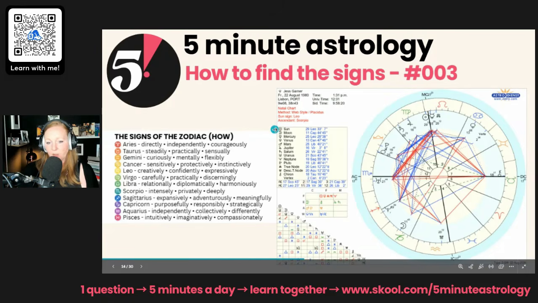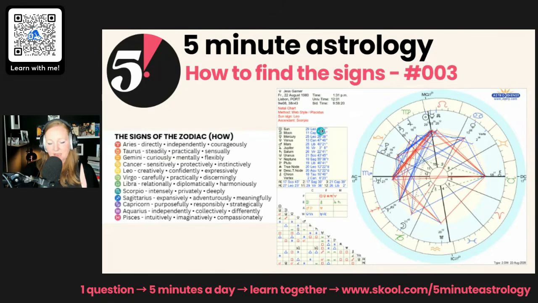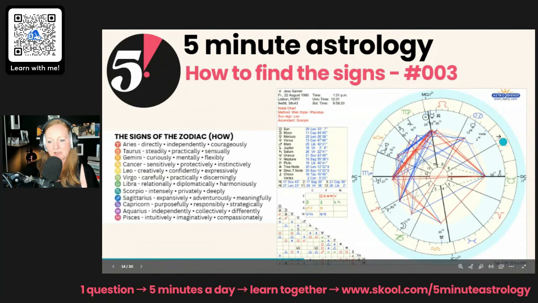Now, when you look at your planets, you'll see that each of the planets is in a particular sign. So, for instance, here, the sun is in Leo. And you'll see that they've got a number against them. That's because there's 360 degrees in a circle.